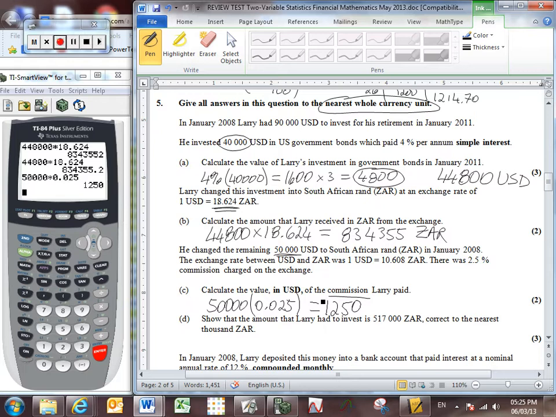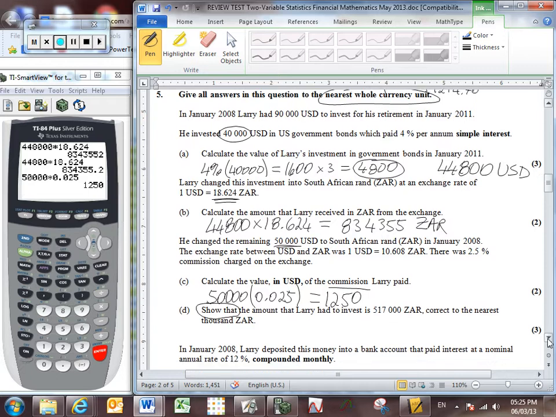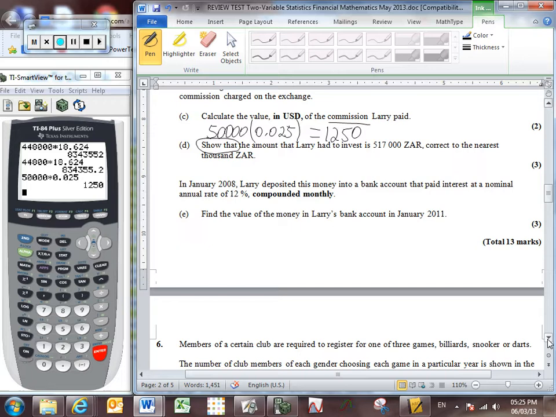Now, show that the amount that Larry had to invest is 517,000. Okay, you know what? I'm just going to ignore the answer, because I might need it for a later question, but I know that when I see "show that", I must ignore this answer. Do not write it down anywhere unless it's the very last thing you write in the question. It's got to be the result. So, let's work this out.